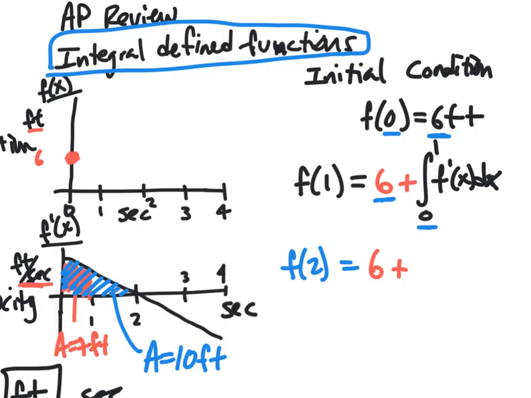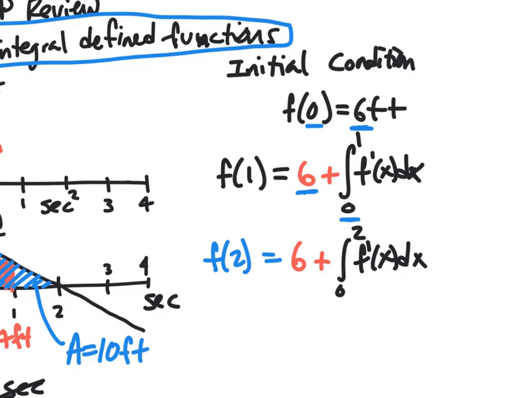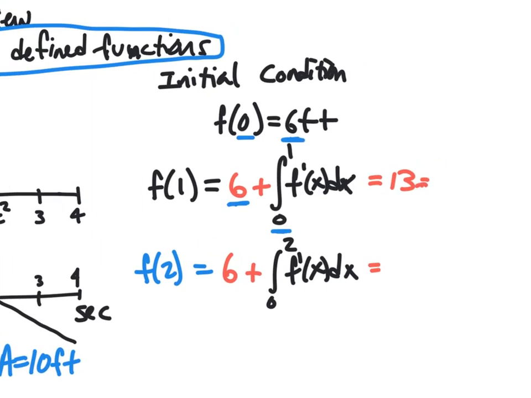We're just going to call that the integral between 0 and 2 of f prime of x dx, and that area had an area of 10, so this whole thing, and I forgot to put the other one for 1, is equal to 13. That's because I had 6 plus 7. Here I'm going to do 6 plus 10, which gives me a value of 16.